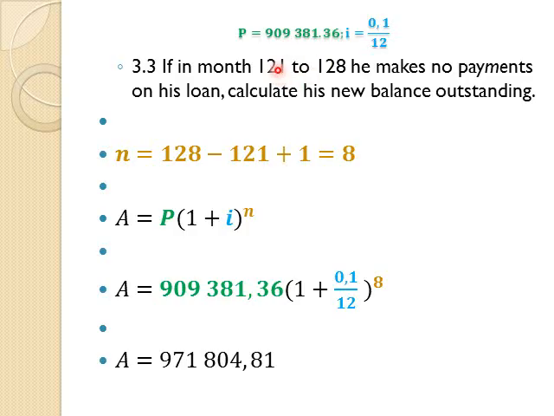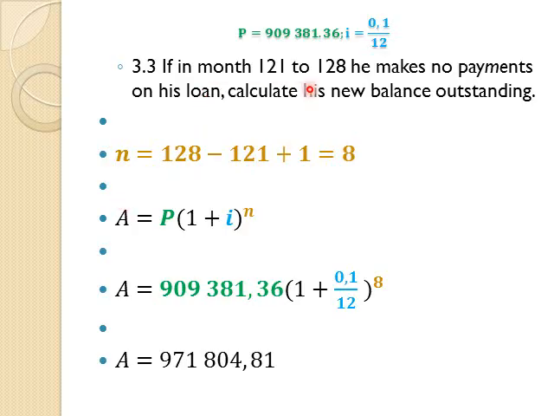So now, first month of the 11th year up to the 7th month, he makes no payments. So N is 128 minus 121, very important, plus 1. When I subtract here, it gives me 7, but if I count from here to there, it's actually 8. So therefore 7 plus 1 to give me 8.